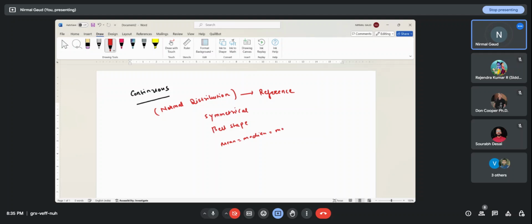So we have measures of central tendency that are all equal. We are getting symmetry also. So it is easier for us to analyze.